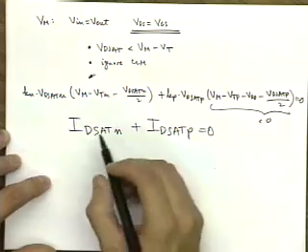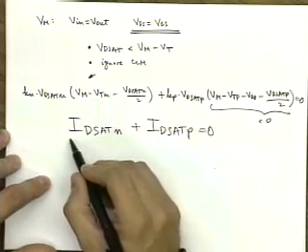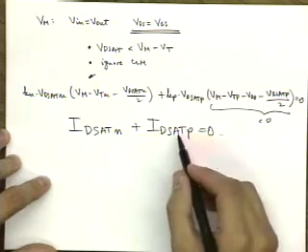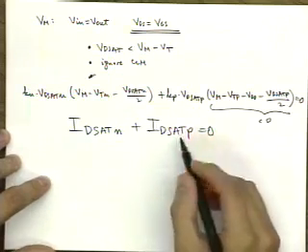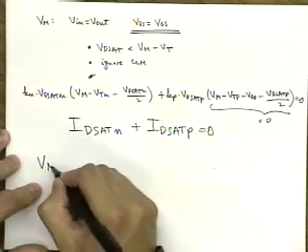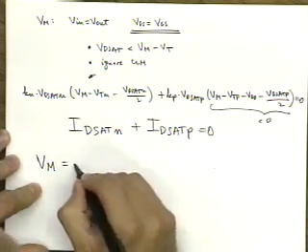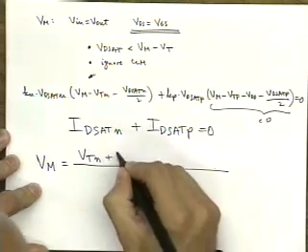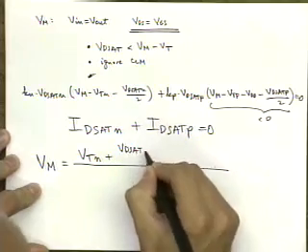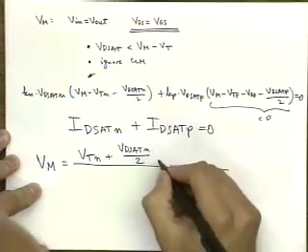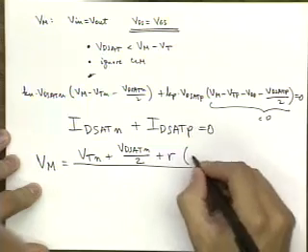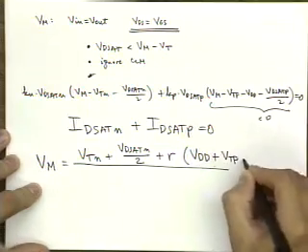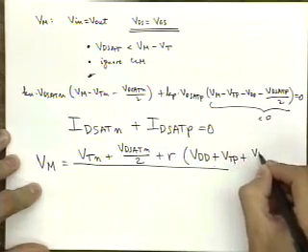So now when you plug in the values for ID sat n and ID sat p and solve for this expression, then your switching threshold Vm is equal to Vtn plus VD sat n over 2 plus r times VDD plus Vtp plus VD sat p over 2, divided by 1 plus r. Vtp is negative here, and so is VD sat p.